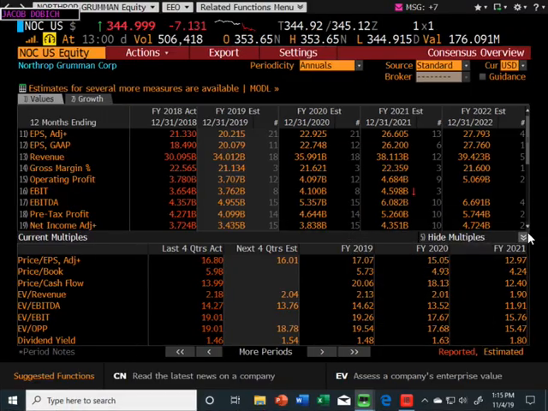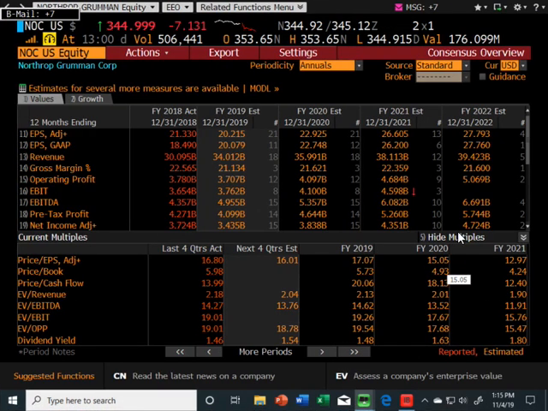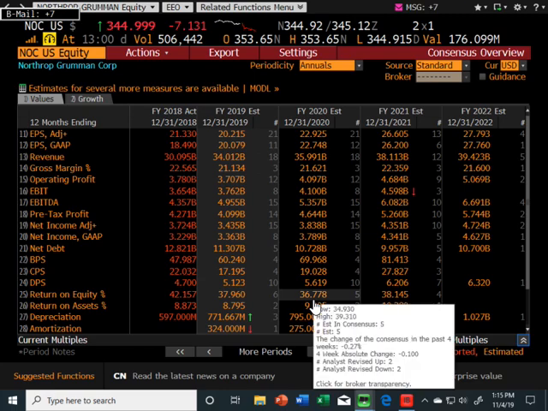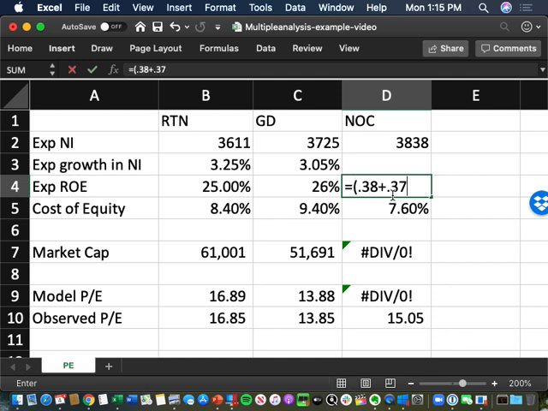Expected ROEs, look at the PE here, second forward years, 15.05 right now. And the ROEs are 38, 37, 38.